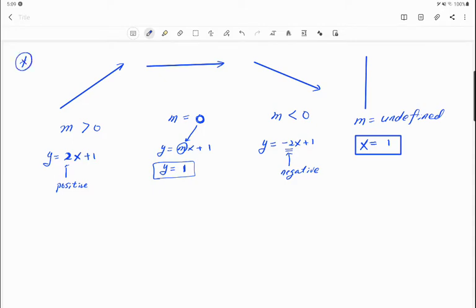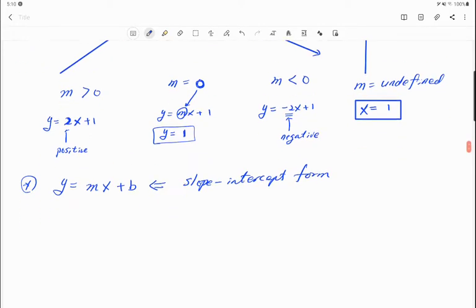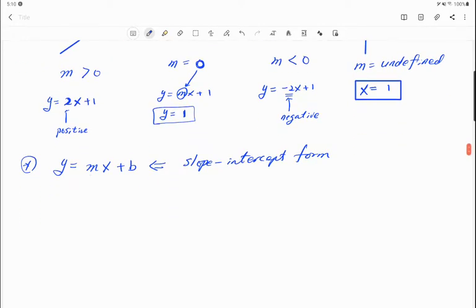All right, so when we write an equation, we will write it as this one: y equals mx plus b, and this equation is called the slope-intercept form. What do I mean by this? Okay, m is the slope.